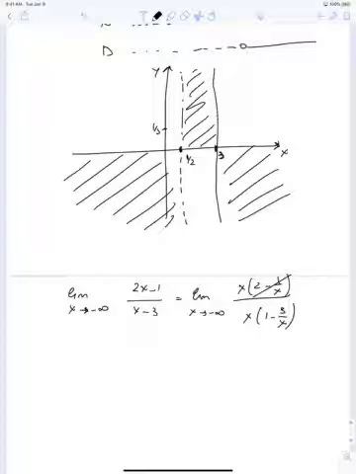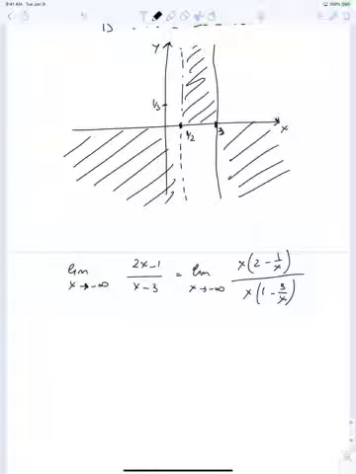Now this part here, for x that goes to infinity, it goes to 2, and this part here goes to 1. Well, I should be a little bit more precise. I knew that I was going to delete everything, but let's try to give a better explanation. Let's do plus infinity first, so we don't have to worry about the sign.